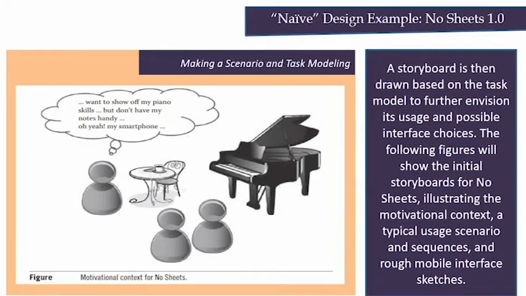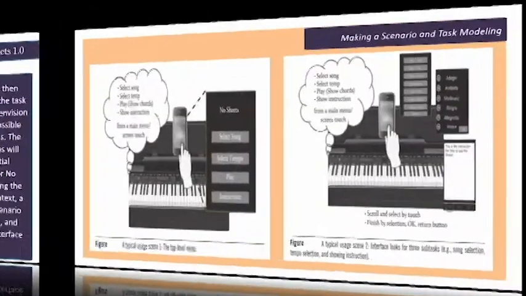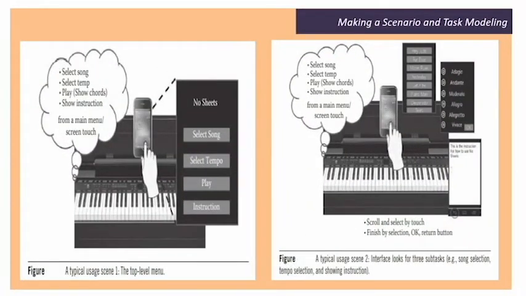Want to show off my piano skills but don't have my notes handy. So, my smartphone, which has the No Sheets application installed. Then in this figure, typical usage scene, the top level main menu. Then you bring up the No Sheets application, and then the subtasks. Then the interface looks for three subtasks, for example song selection.